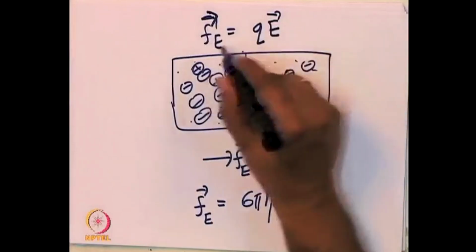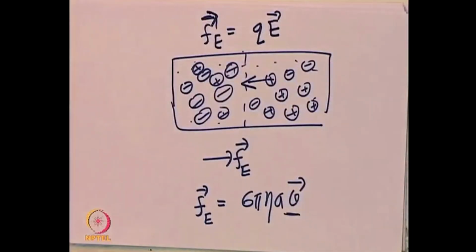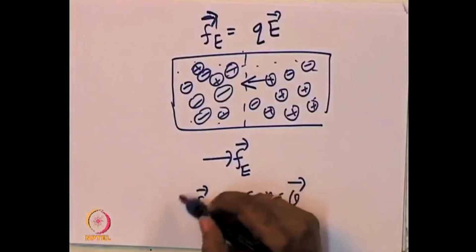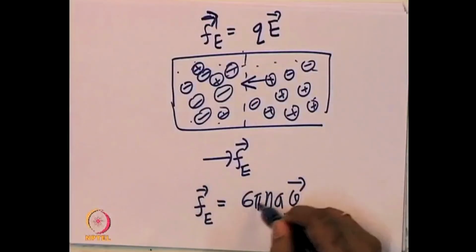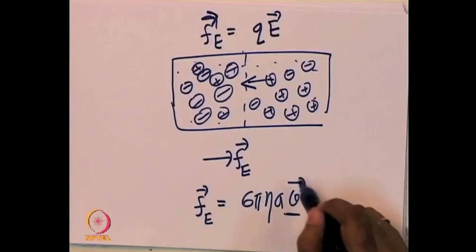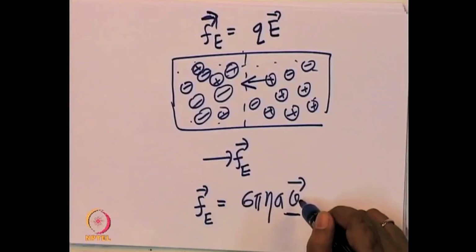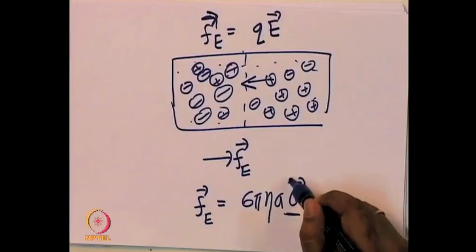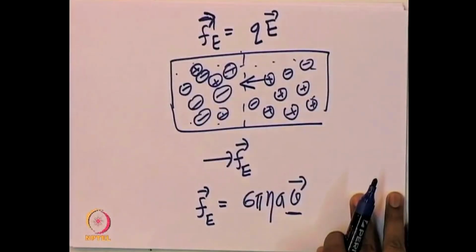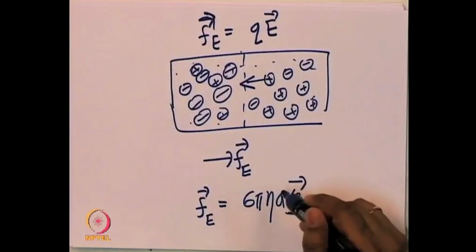This force will be equal to the drag, 6 pi eta a v, because there will be friction. So, the velocity of the flow will be given by this.